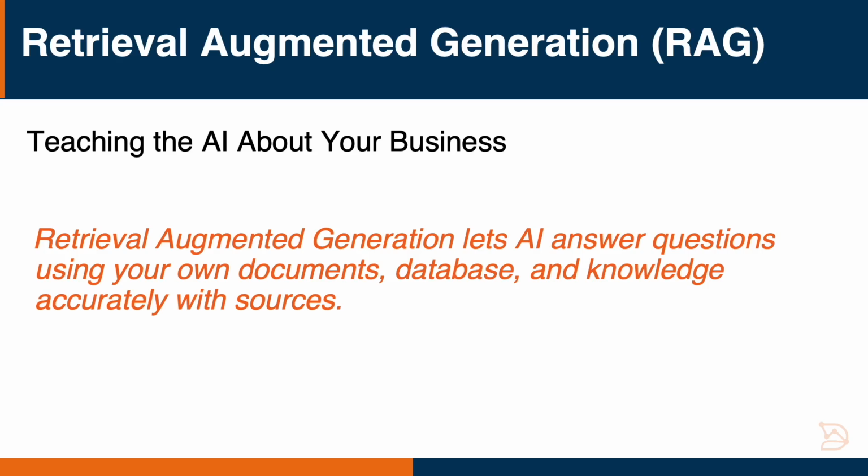So researchers and industry professionals came up with retrieval augmented generation, which is RAG, where you teach the AI about your business or about yourself. I believe this specific RAG is one of the most important techniques that actually made LLMs useful in industry settings.